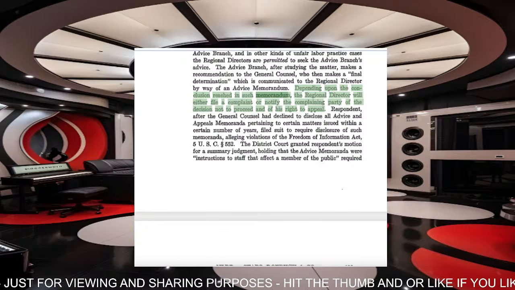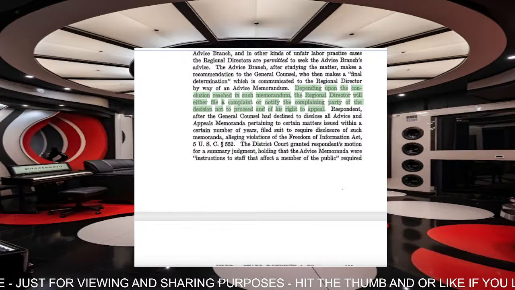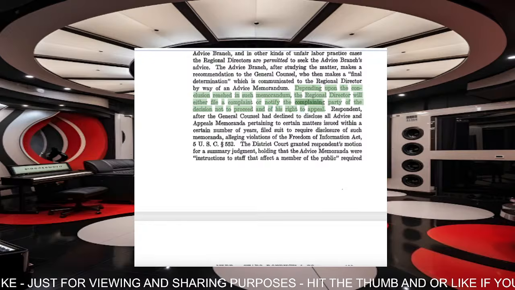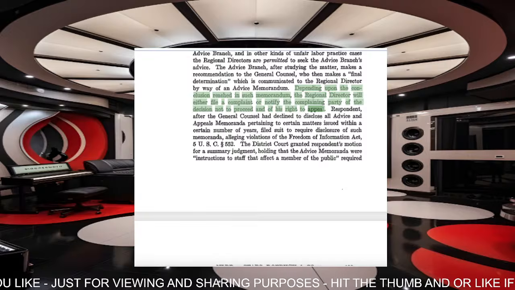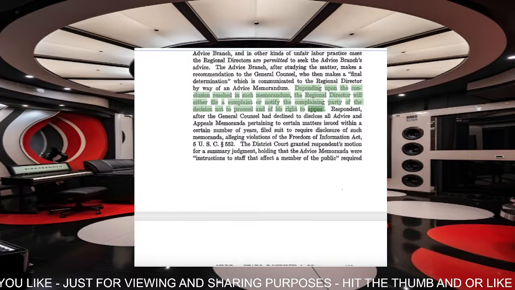Depending upon the conclusion reached in such memorandum, the regional director will either file a complaint or notify the complaining party of the decision not to proceed and of his right to appeal.